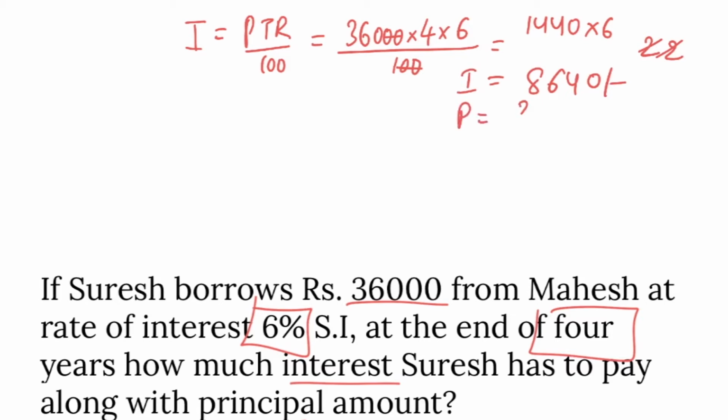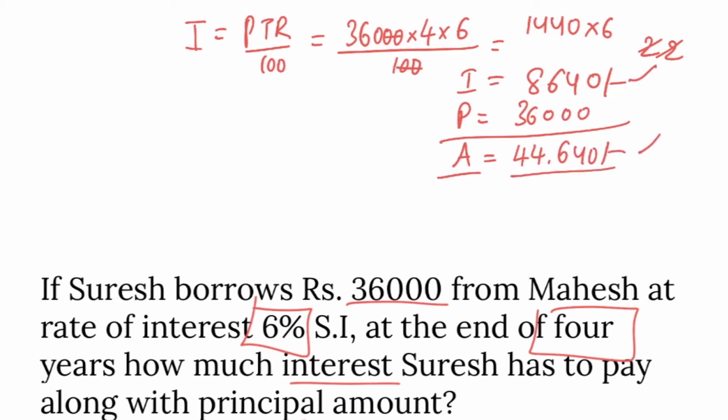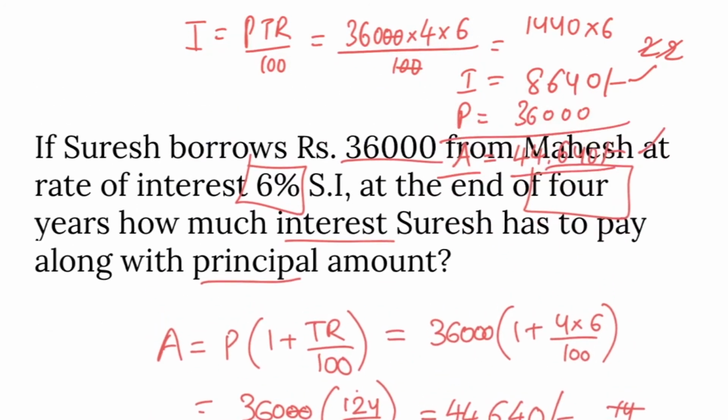And principal is 36,000. So total amount is principal plus interest, that is 44,640 rupees. First find interest, then amount, or directly use the formula and find amount, whichever, that is your choice.